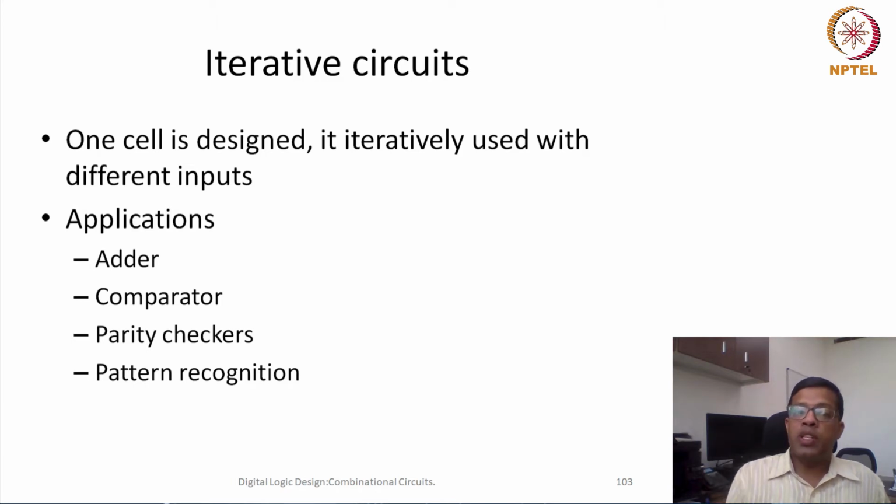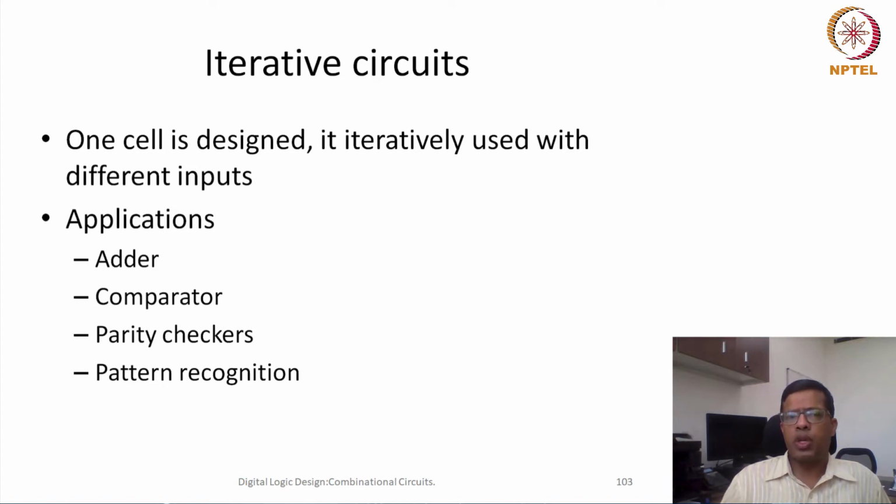Similarly, in the previous lecture, in the array multiplier, the adder design is also an iterative circuit which was repeated in 2 dimensions, so overall we were able to create a full n cross n multiplier. Now we will see this technique in a more methodological way.